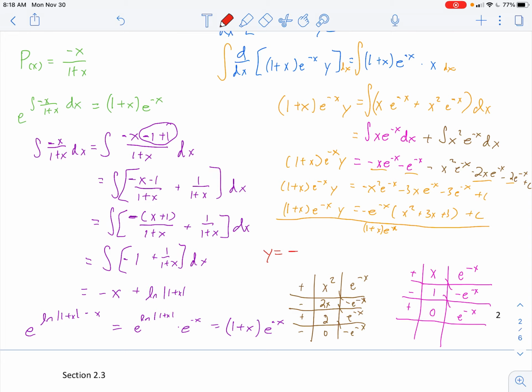I'll just say negative, and you can simplify this even more, but just because we don't have the room, x squared plus 3x plus 3 divided by 1 plus x. What we can do is take the first two terms, pull out an x, change it to x squared plus x, and then 2x plus 3. But we're not going to do that. You don't have to do that. And then plus c, and that's going to be over 1 plus x, and because it's e to the negative x, it's just going to be e to the x on top, and so again that's a c.